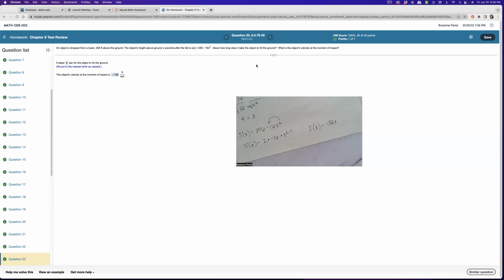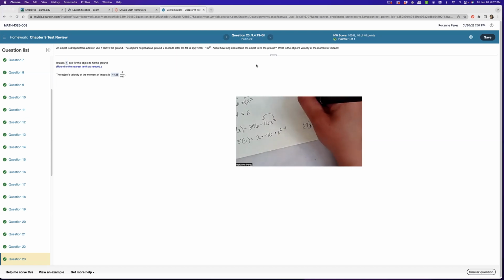So now they're asking us the object's velocity at the moment of impact. So again, x is time, right? Our variables haven't changed, but we want to know the object's velocity at the moment of impact. So the moment of impact occurred when x equals 4.